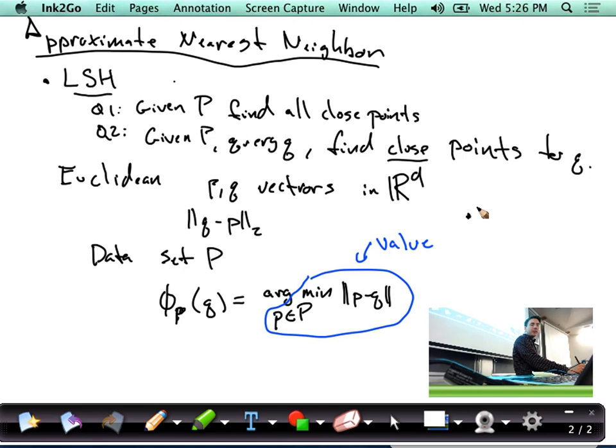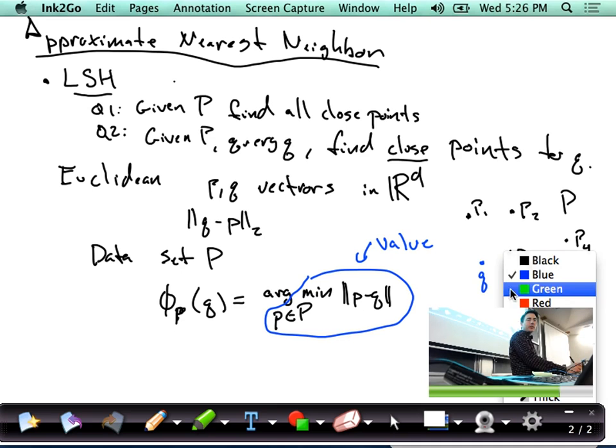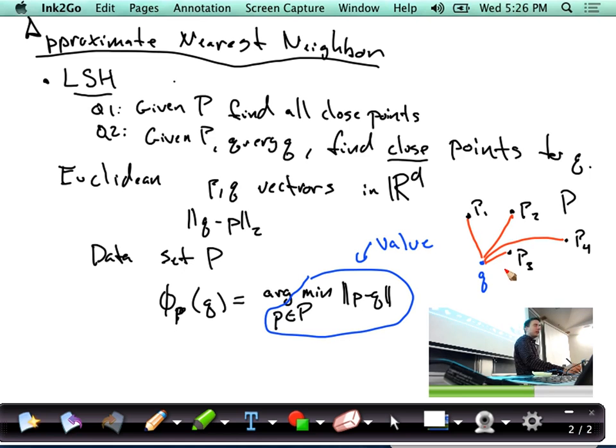Let me write an example here. Let's say these are my points P1, P2, P3, and P4. The union of these is my set P. Then I have some query point Q, and I can think of computing the distance from Q to each of these points, and I take the one that's the minimum.